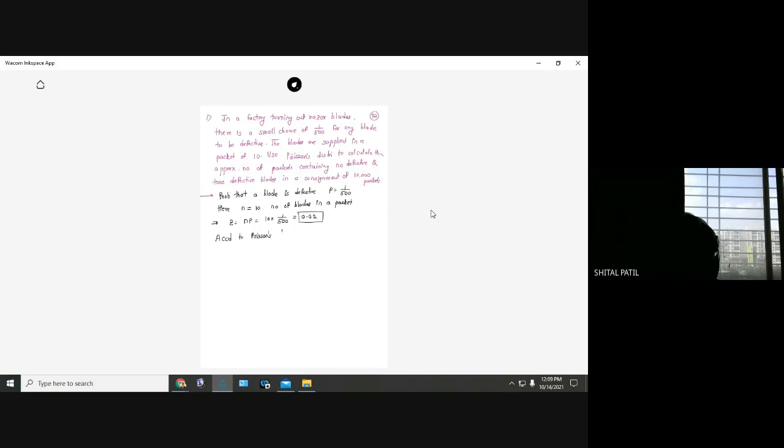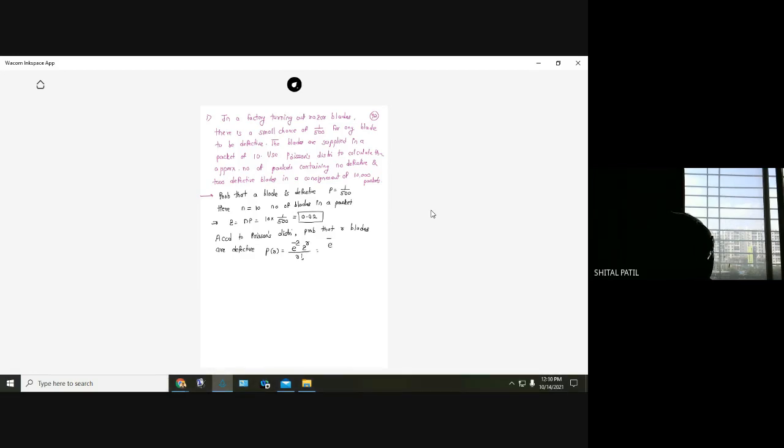According to Poisson's distribution, the probability that r blades are defective is e raised to minus z, z raised to r divided by r factorial.